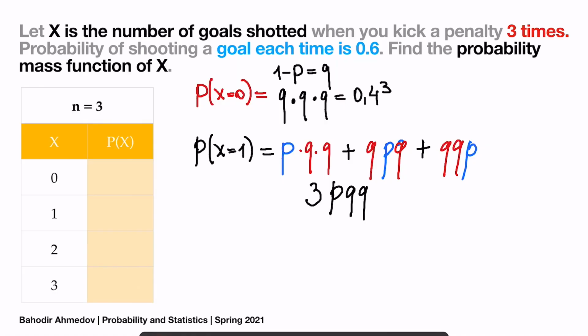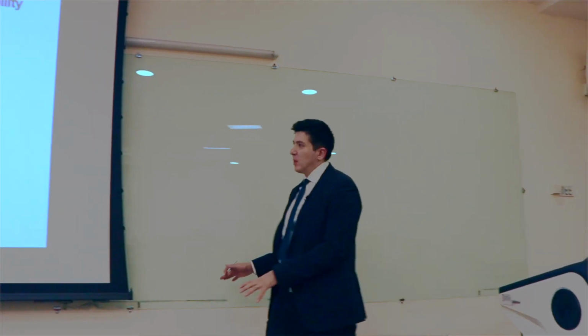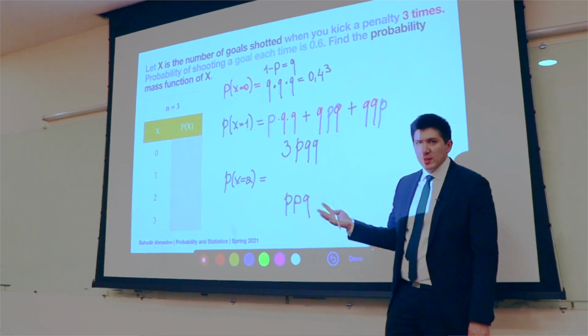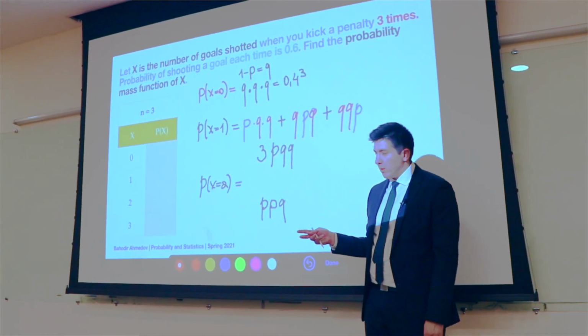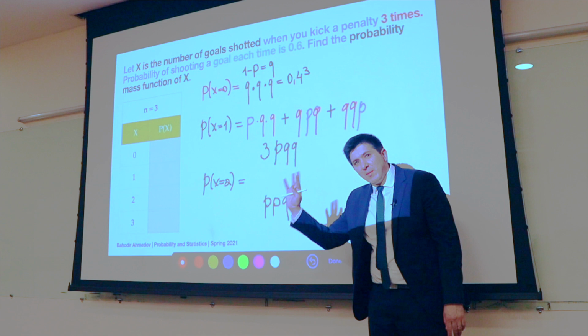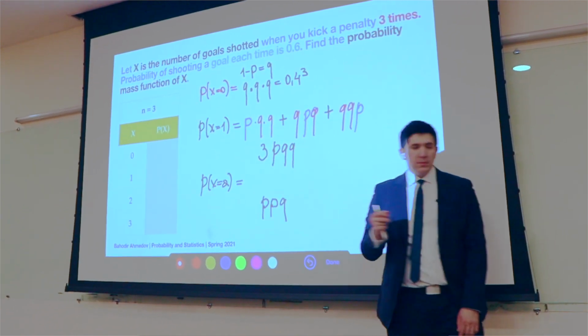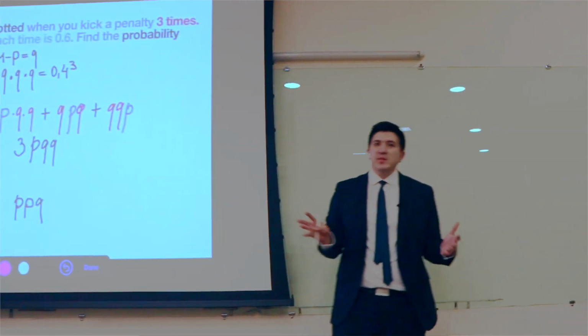So when x is equal to 2, there are again 3 different scenarios. So it means that there should be 2 p's, and 1 q, right? This is for sure, because it means that in 2 of the trials, I've got a success, and 1 time I've got a failure. Okay? And the only question is, in how many different rearrangements we can do? Because the multiplication is always the same, right?